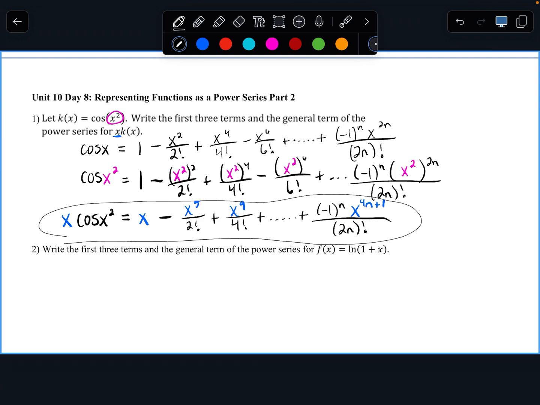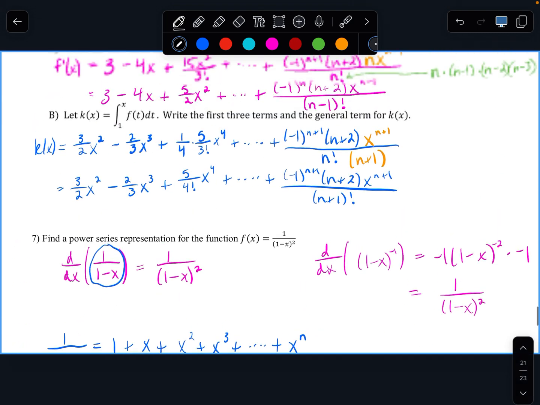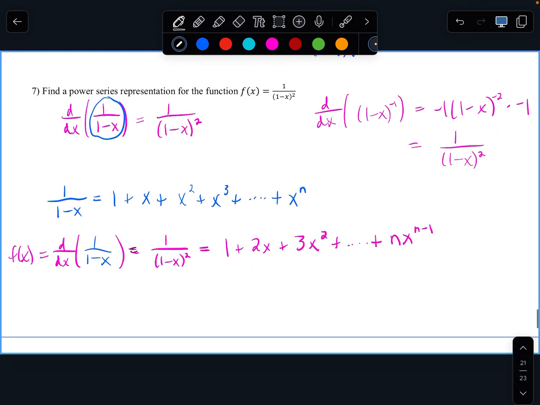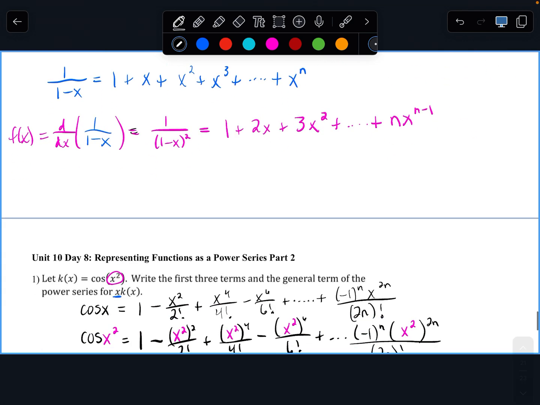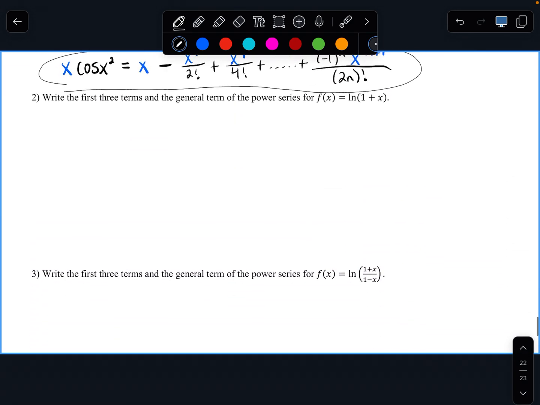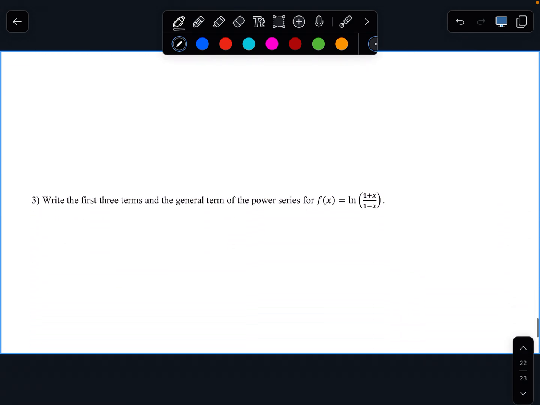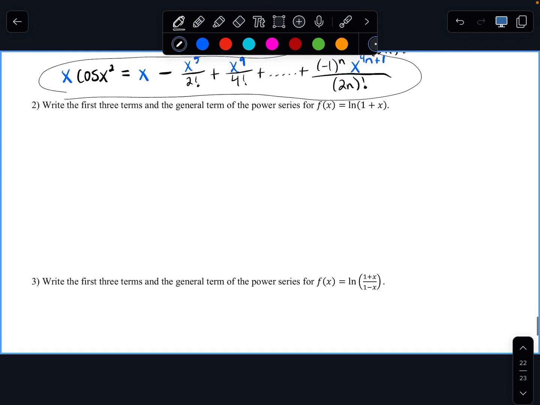Okay, so these next ones are like number 7. Remember when everyone started crying? This one. So when you have to do natural log stuff, or look at that one. Ew. Okay.